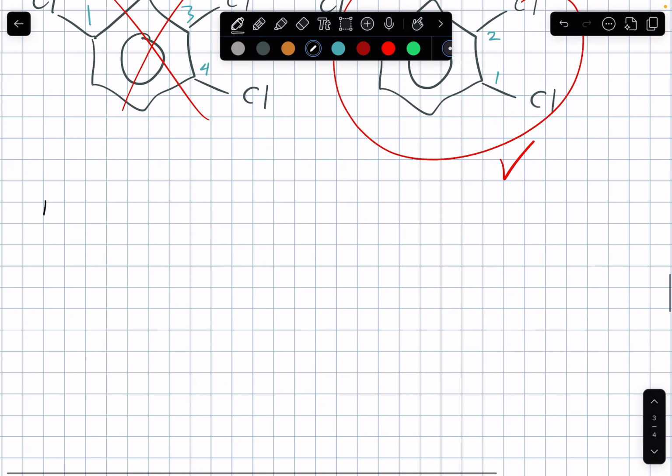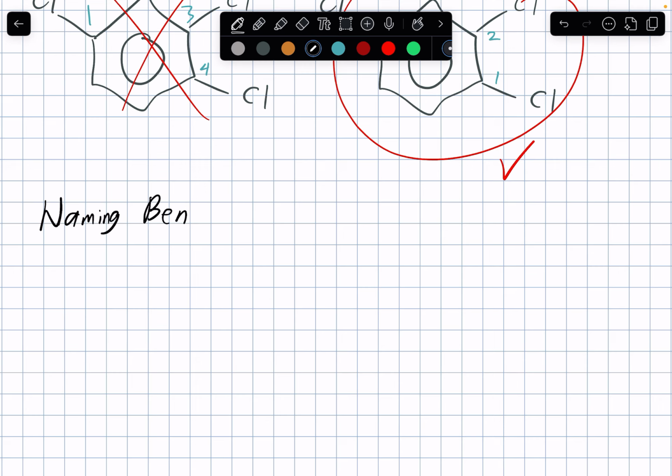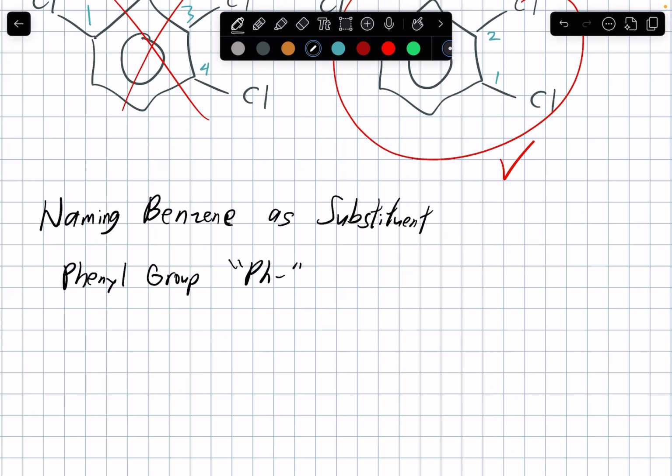Okay, so now let's proceed to the scenario where we ought to name benzene not as a parent chain, but as a substituent. So there are two things you have to know. Phenyl group, abbreviated as Ph, and benzyl group.